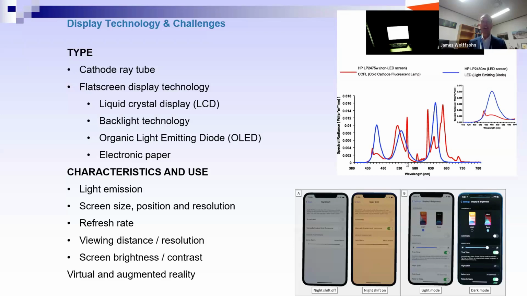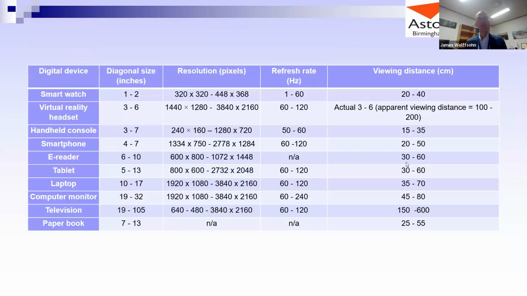So what about prevalence? What about other aspects of usage? Well, we've spoken already about screen distance, resolution, refresh rate, and size. And you can see here, taken from the report, typical values for each of those. Smart watches, handheld consoles and smartphones are held the closest.